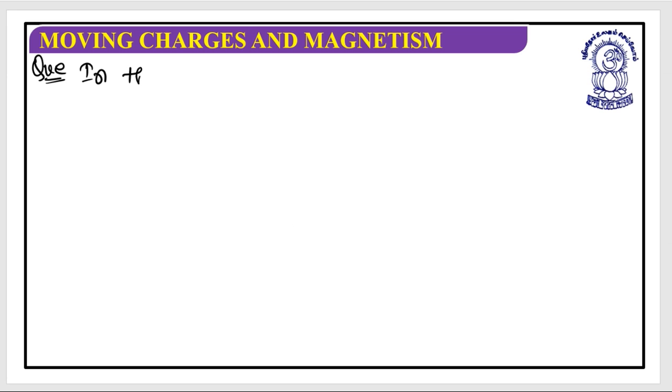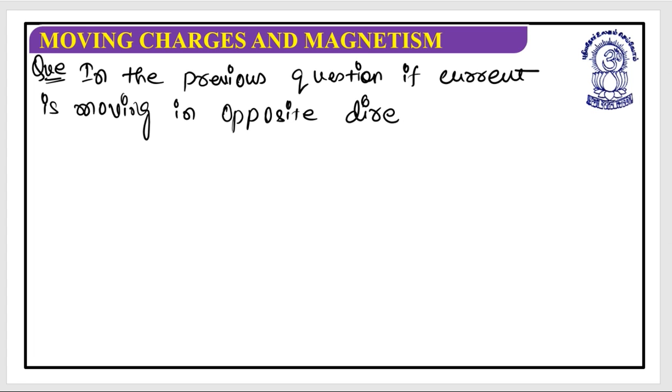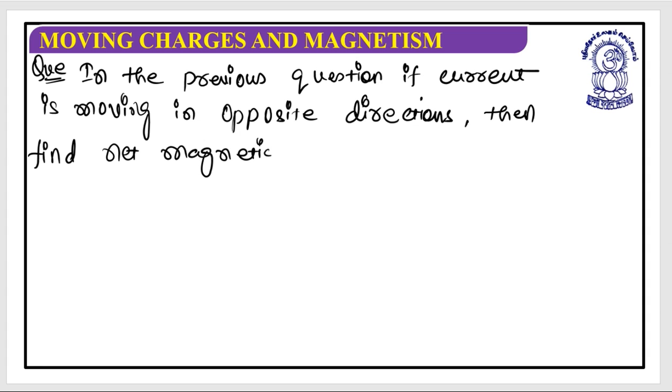In the previous question, if current is flowing in opposite directions, then find the net magnetic field. Yes, you need to do it on your own. Please do it. Try yourself.